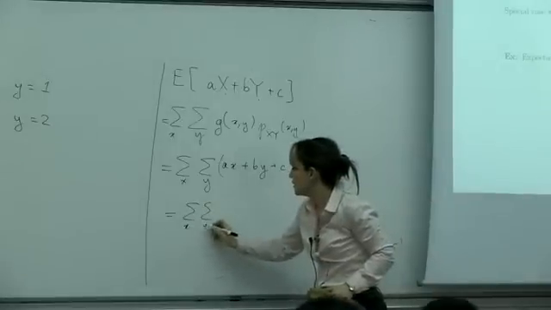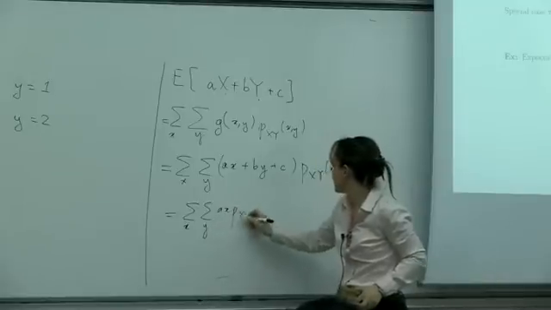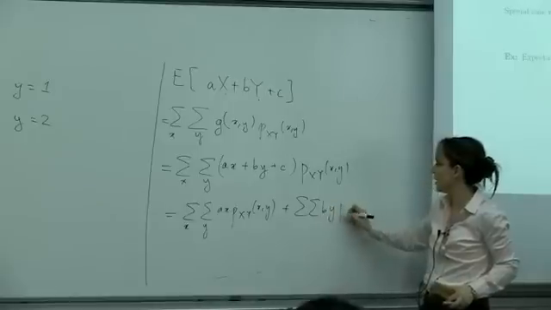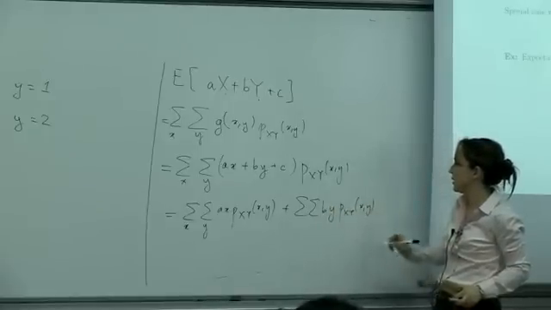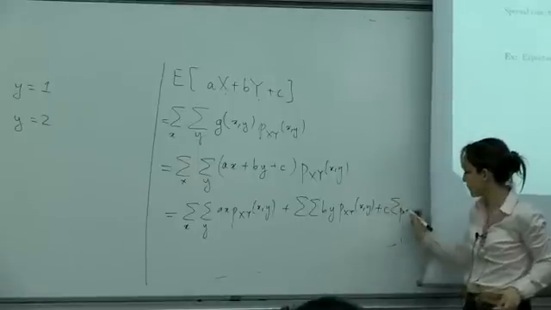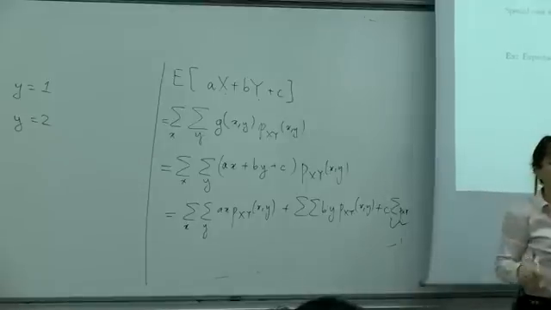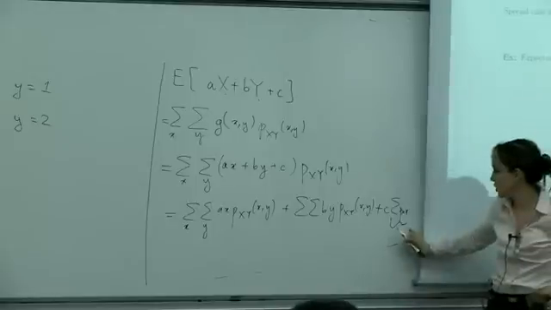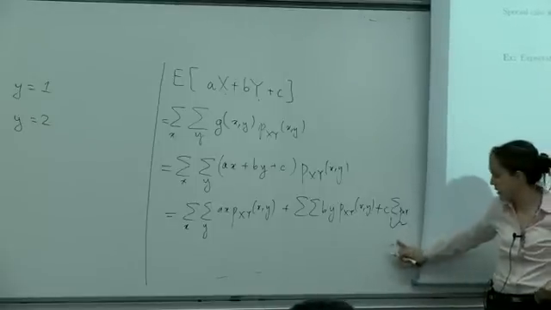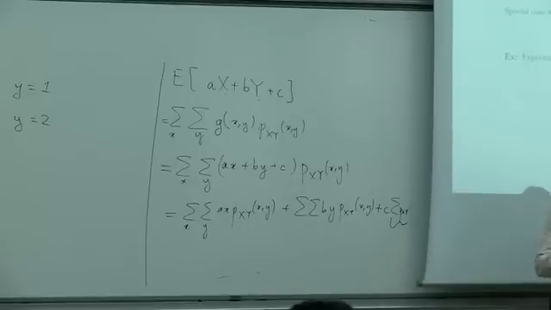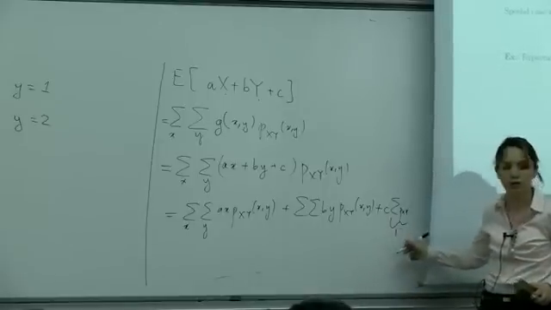So over all x and over all y, ax p_XY(x,y), plus do the same for y, by p_XY(x,y), plus c times summation p_XY. What is this summation p_XY? It's the sum of the whole PMF. Dennis, what is this term, summation p_XY? Sum of all probabilities. It's 1, right? So this whole term is equal to c.